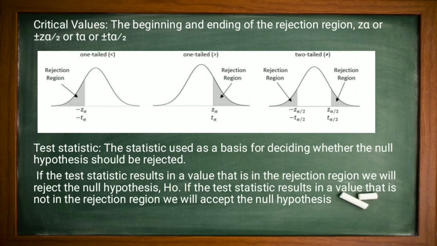We have a curve where the left part has a shaded part. That is what we call the rejection region. Below it we see negative Z alpha and negative T alpha. Those are what we call the critical values or the critical region.